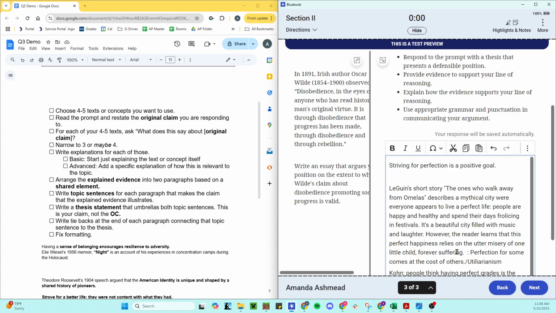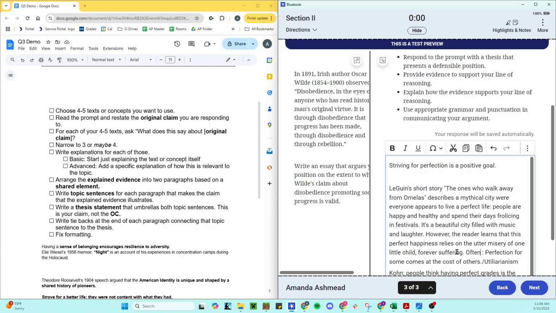Okay, so that's just that first level explanation, and then maybe I need to go a little further. I need to connect it to this idea of perfect suffering, and this idea about striving for perfection. So how does this connect to that?